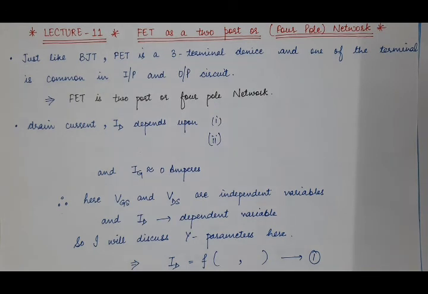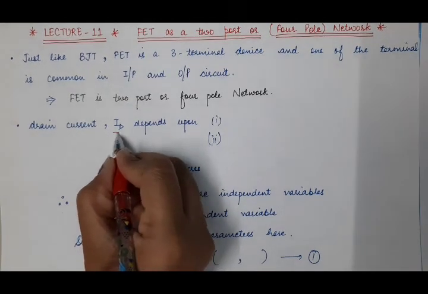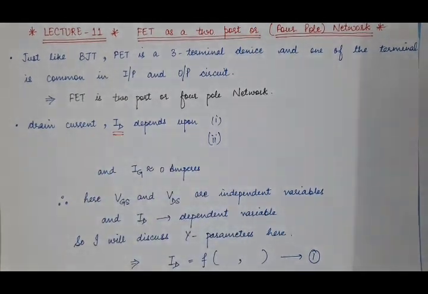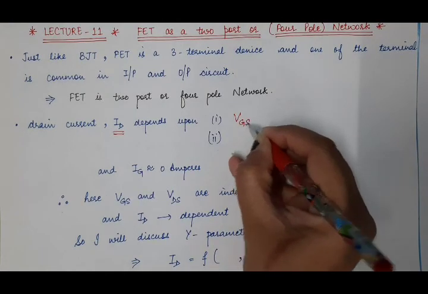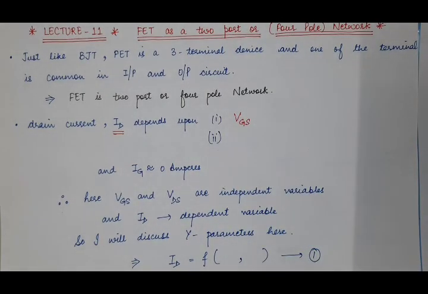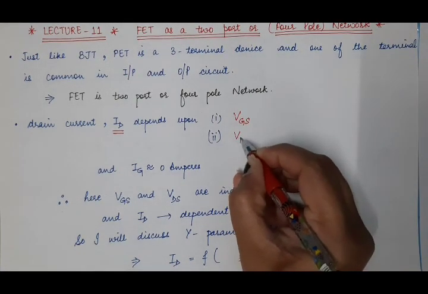But here in case of FET, this drain current ID, what are the factors on which this drain current ID depends? Number 1, it depends upon gate source voltage VGS, and number 2, it depends upon drain source voltage VDS.